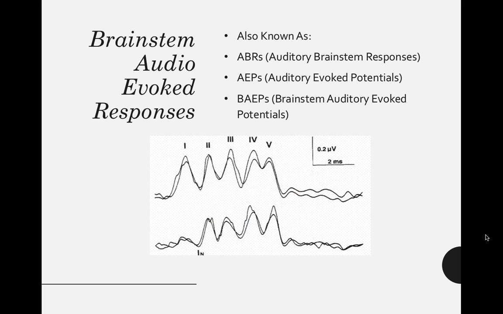So the brainstem audio evoked response is comprised of 5 main waves. Waves 1, 2, 3, 4, and 5. And these are our markers. Here we're looking at 2 waveforms. This top one is going to be the ipsilateral ear, the ear that we're going to be testing.